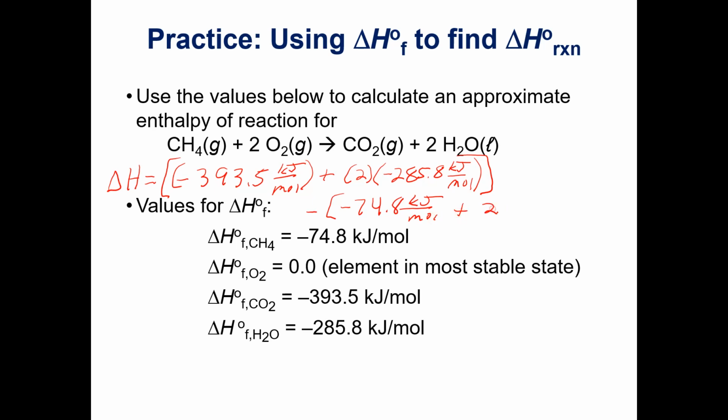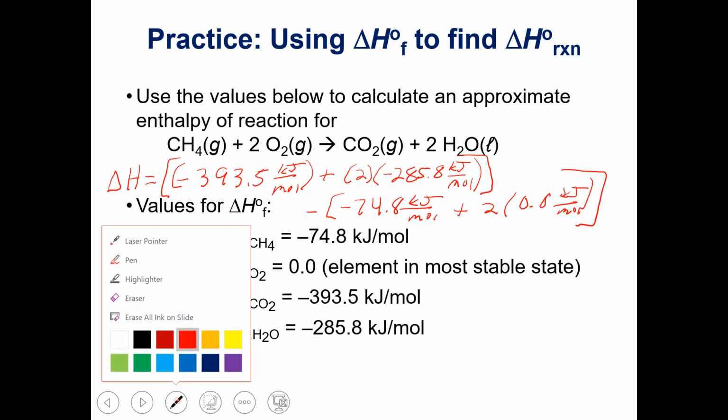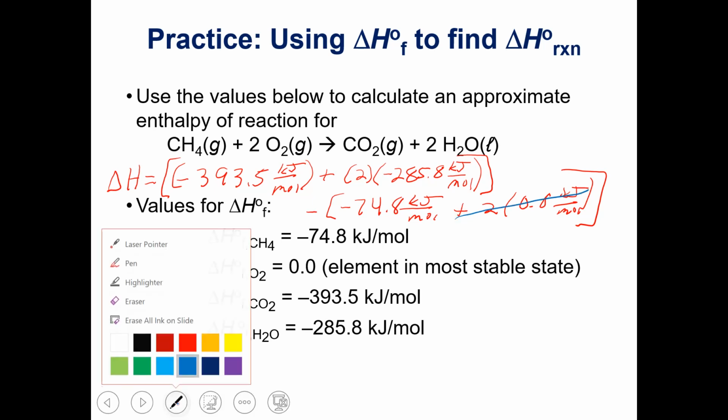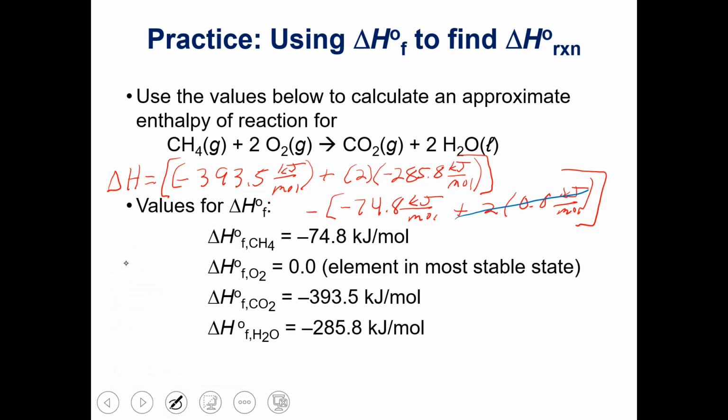Plus, there's 2 moles of O2, but it has a delta H of 0. So essentially this cancels out, because 2 times 0 is 0, and if I add 0 to anything, that's just going to give me what I started with.